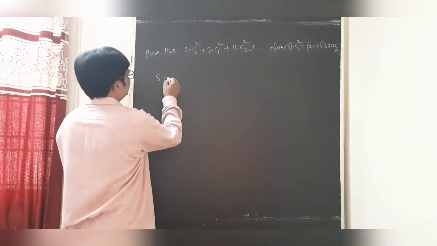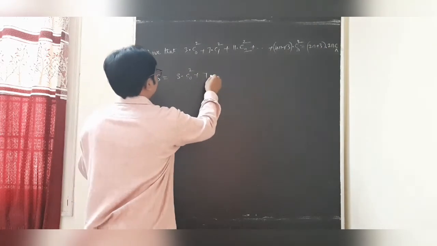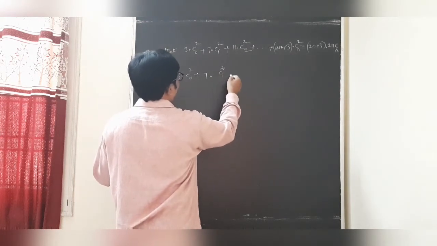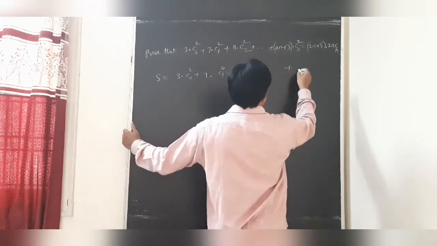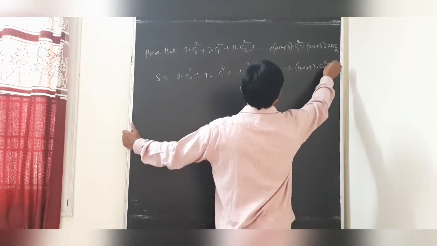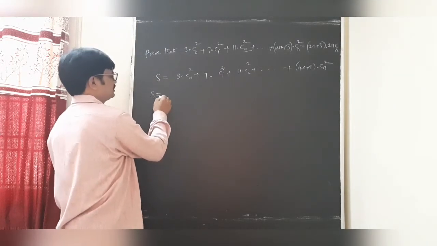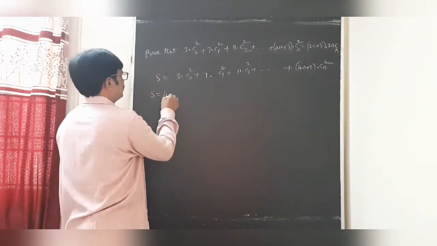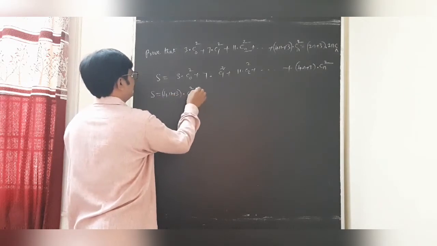Just 1 minute, students. S will be taken as 3 into C0 square, 7 into C1 square, 11 into C2 square, and so on, (4n plus 3) into Cn square. Now we can write S by writing the last term at the beginning: (4n plus 3) into Cn square.